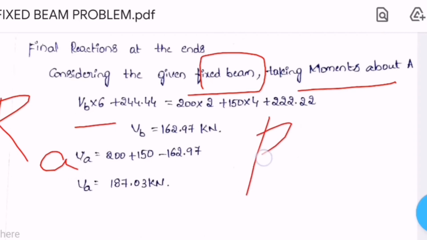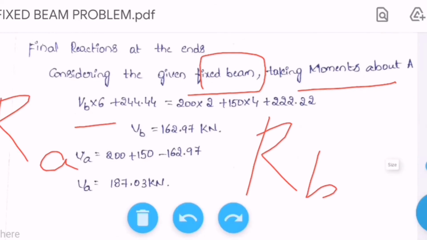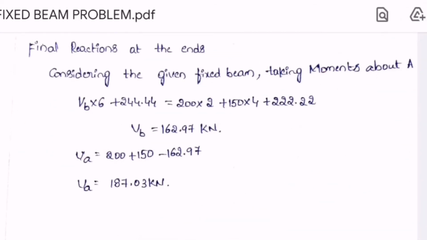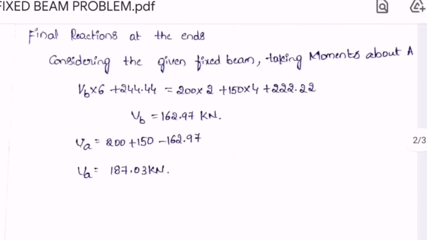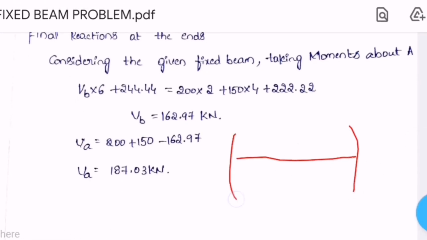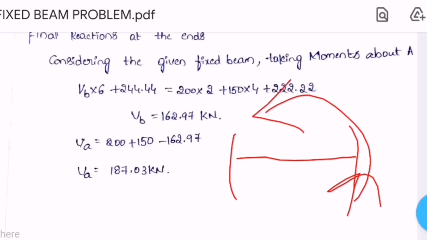RA and RB are given for the free reactions, but VA and VB are the reactions with fixed ends, right? So VB into 6, this is the fixed end, anti-clockwise, plus 244, is equal to the two loads, 200 into 2 plus 150 into 4, plus 222.22.